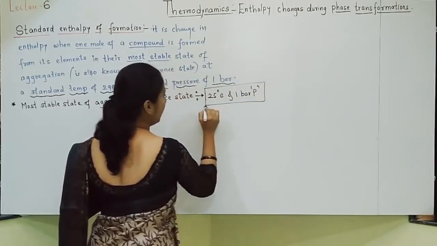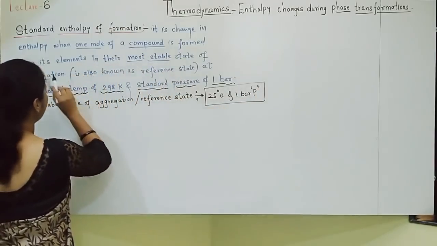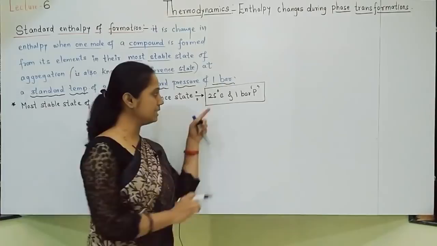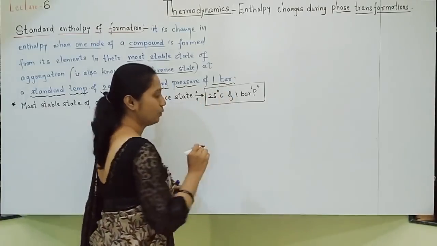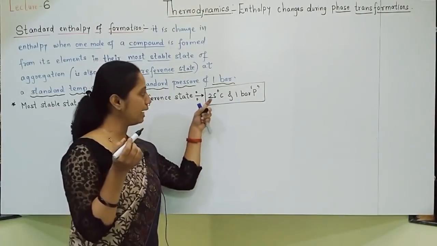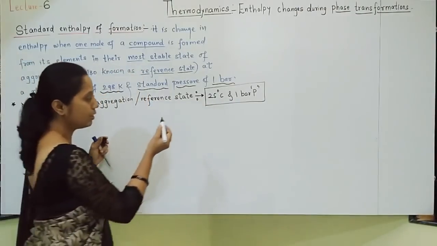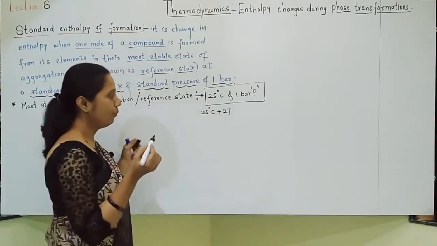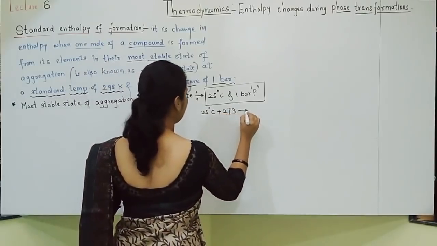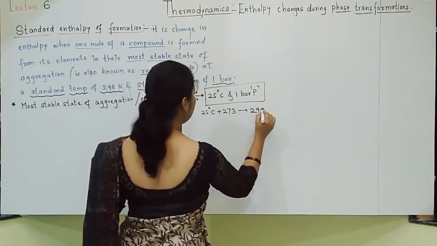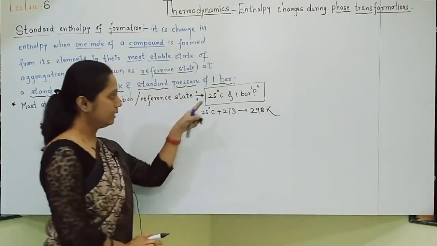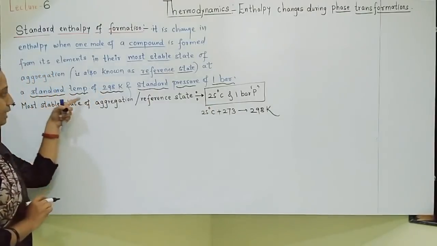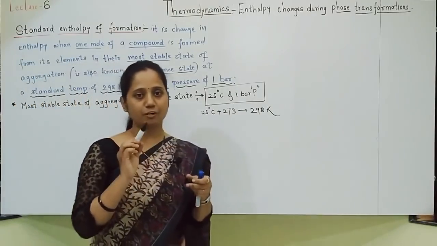Remember this. Now you will come to know why I wrote 298 Kelvin: let us convert 25 degrees Celsius to Kelvin by adding 273, and it becomes 298 Kelvin. That is why in your definition it should be standard temperature 298 Kelvin and standard pressure of 1 bar.